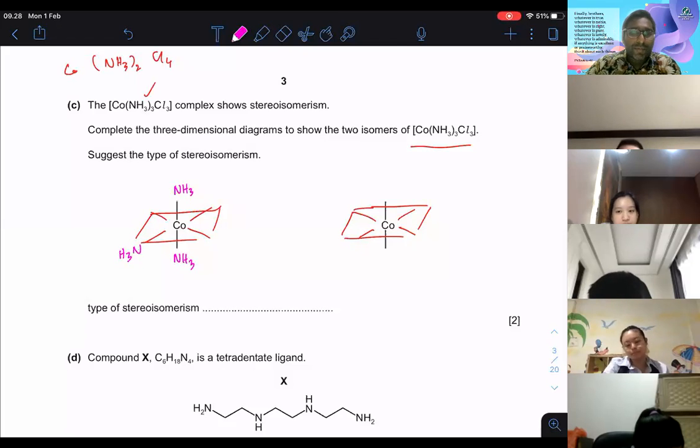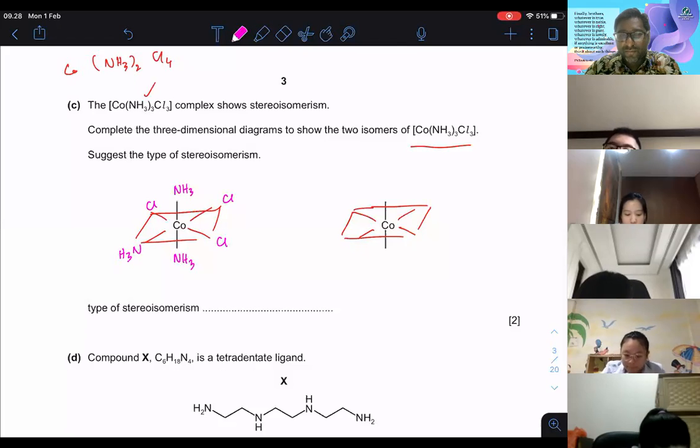So I will put it here, and then the remaining Cl I'm going to put over here. So they are appearing side by side to each other.